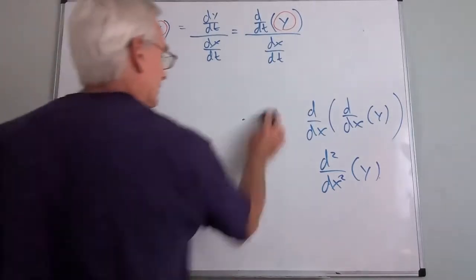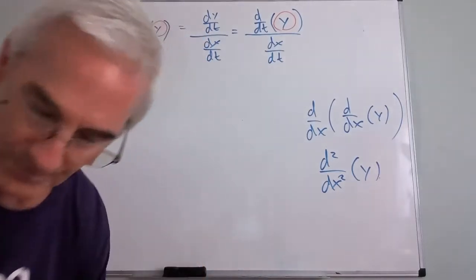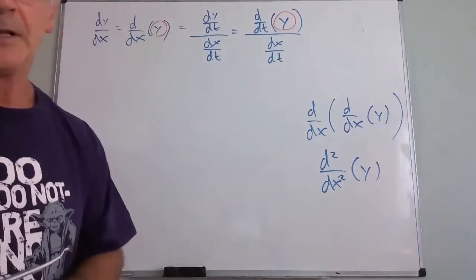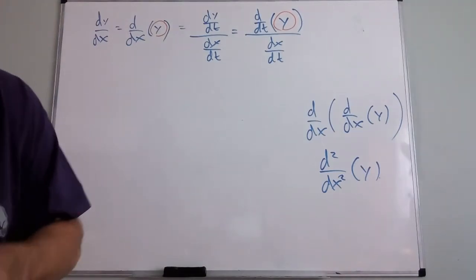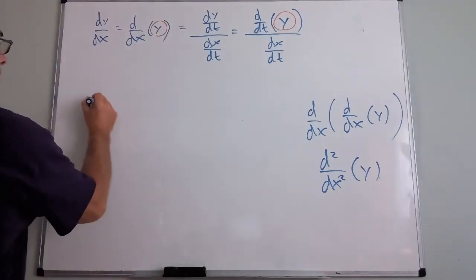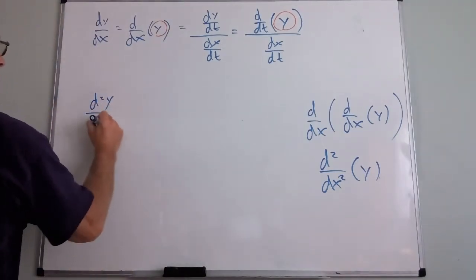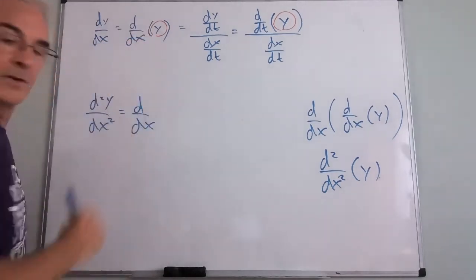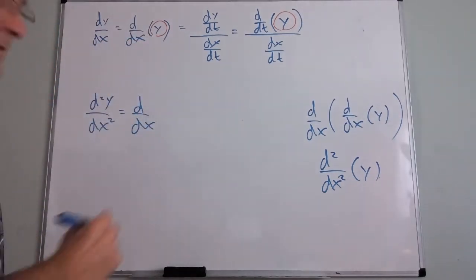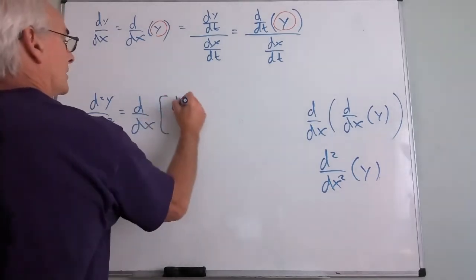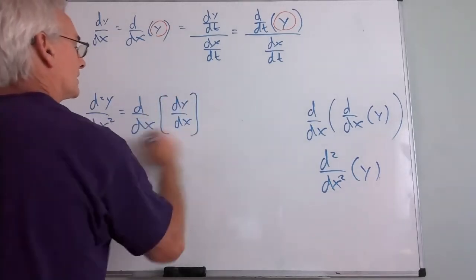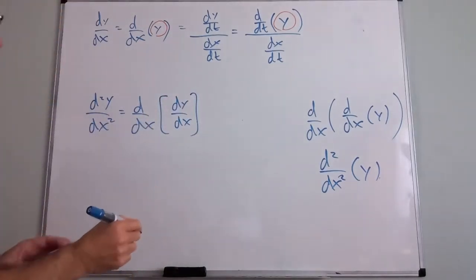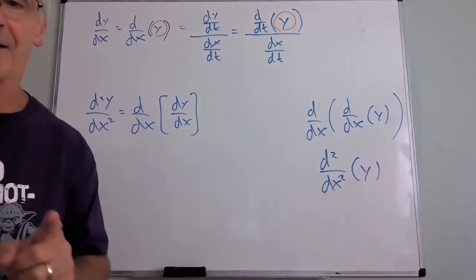So here's what I want to do. I want to do d/dx of that. So the second derivative is d/dx of that first derivative. It's d/dx of dy/dx, which was d/dx of y.